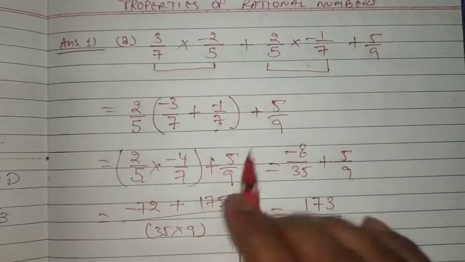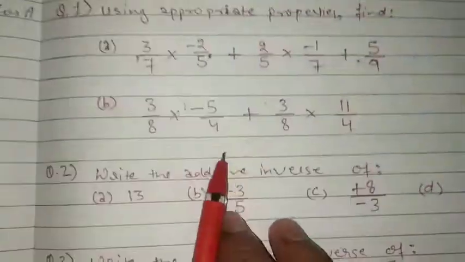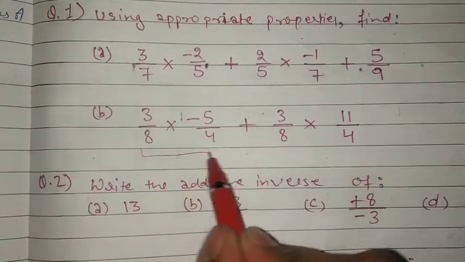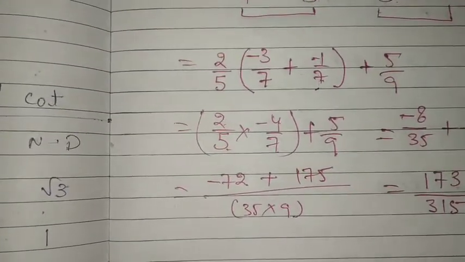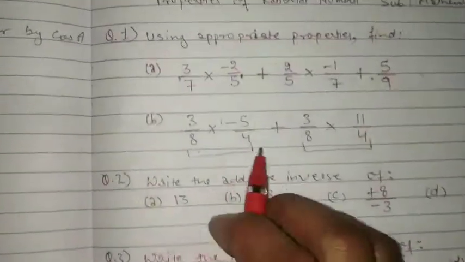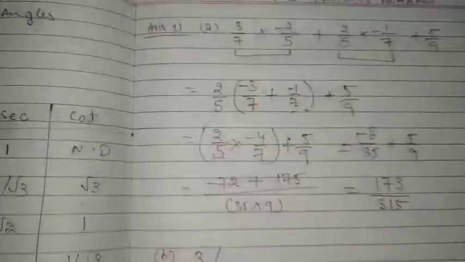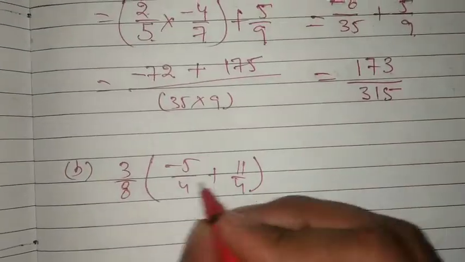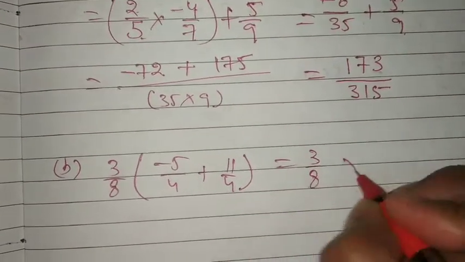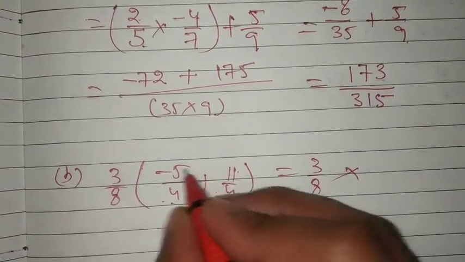Similarly, you will solve the second part of this question. Here again we have two terms and 3 by 8 is common. So on taking 3 by 8 common in the B part, you will be left with minus 5 by 4 plus 11 by 4. Now on adding, 4 is the same denominator, so simply add the numerators.